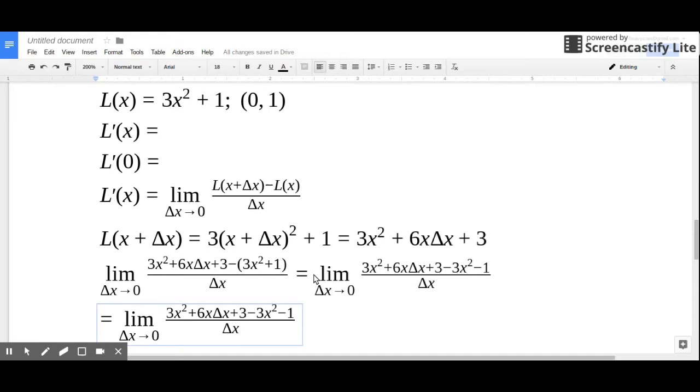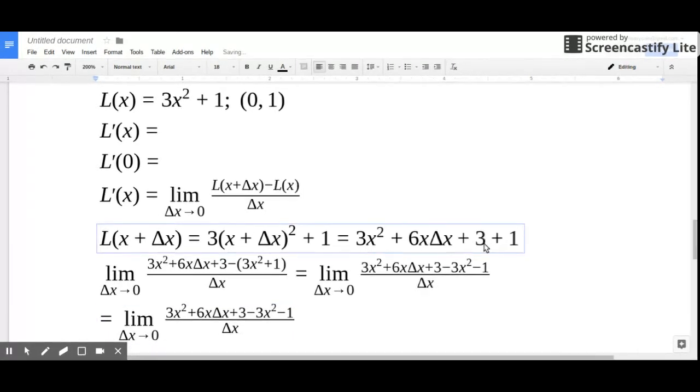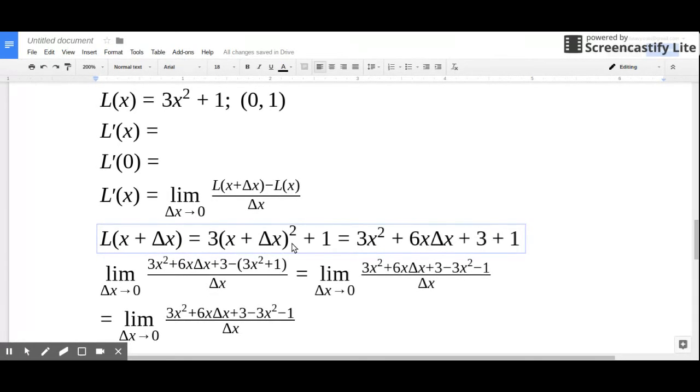Something is fishy here. Oh, I see what it is. So you might have been screaming at me. There should have been a +1 right here on the end, because this is all of this piece here, then the +1. So I forgot the +1.